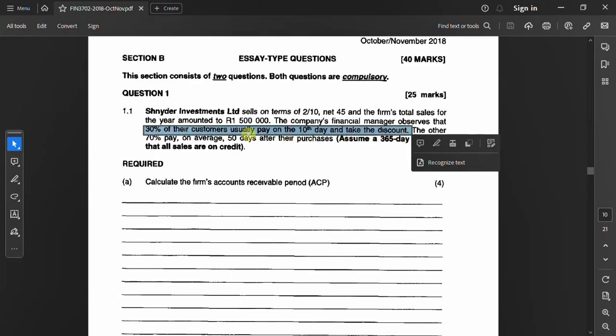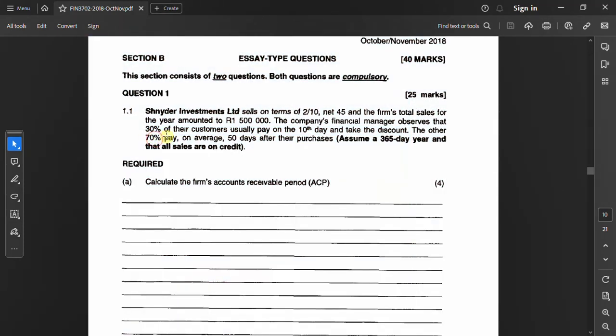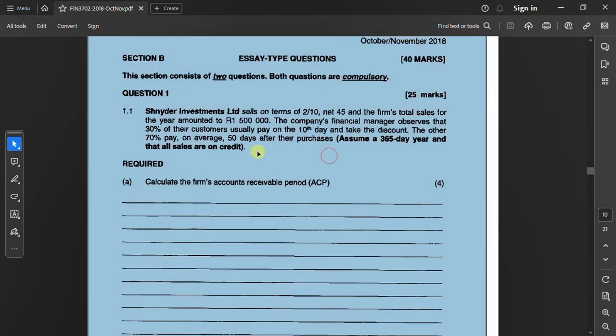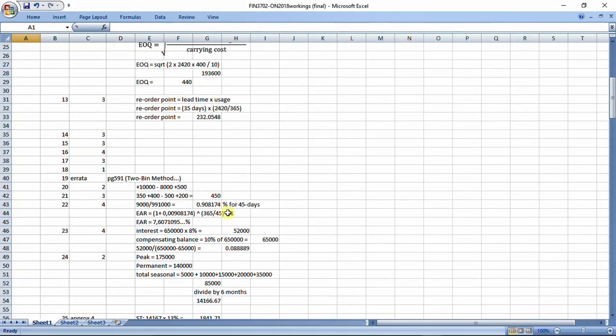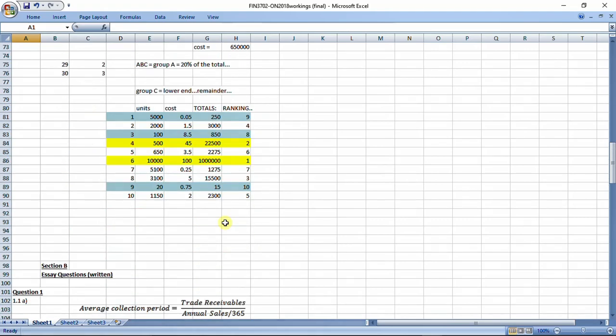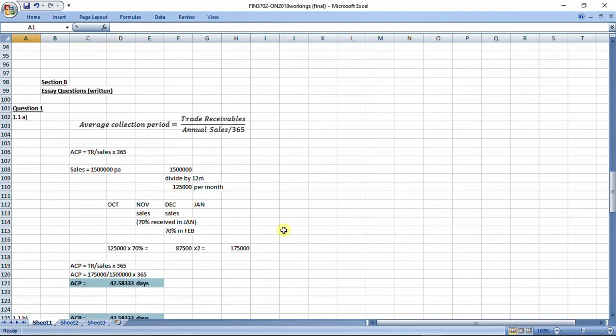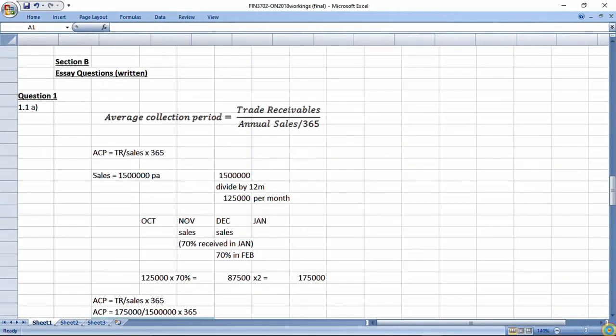Okay, with a debtor's age analysis, obviously a business is going to monitor its outstanding debtors and they're going to have a list. They're going to have a certain amount 30 days outstanding, a certain amount 60 days outstanding, another amount 90 days outstanding. So when you have something like this where they've split it and given you an expectation, they've told you that I have sold goods, the total sales amount to 1.5 million.